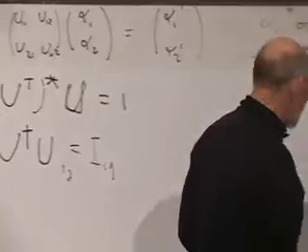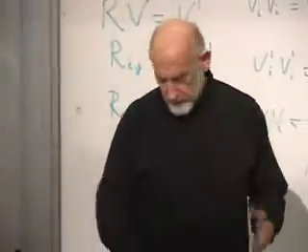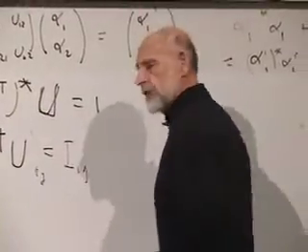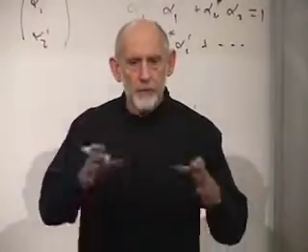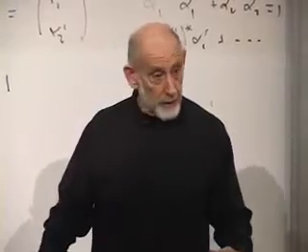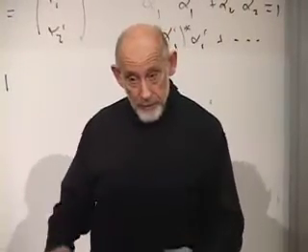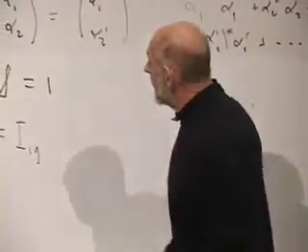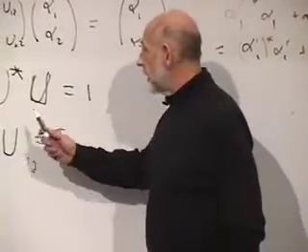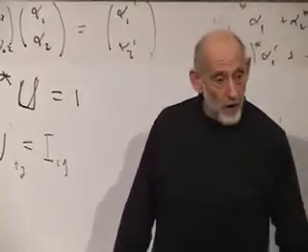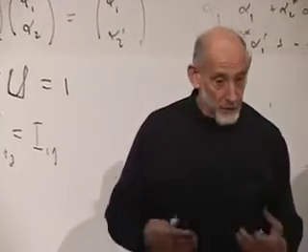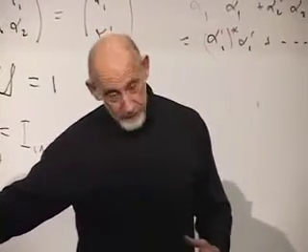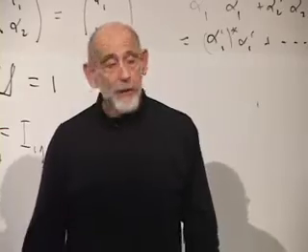Well, first of all, you can see that the determinant of the product of 2 matrices is just the product of the determinants. Determinant of A times determinant of B is the determinant of A times B. So if we were to set the determinant of every U equal to 1, then at least that would be consistent, because when we multiply 2 U's together to get another U, we would still have the determinant equal to 1.